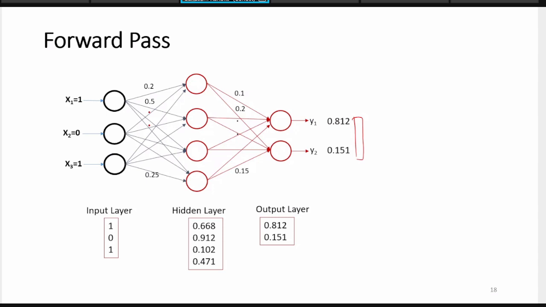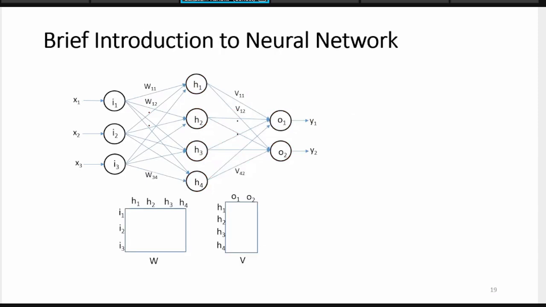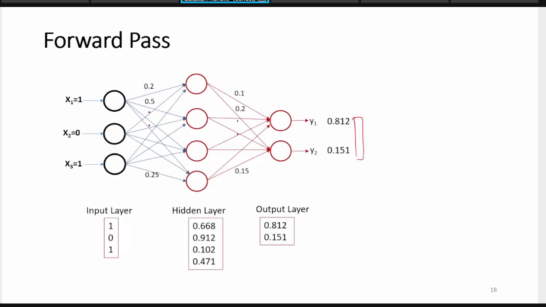If you are getting the output that you are expecting, that means the weights you have are appropriate. If you are not getting what you are expecting, that means the weights are not proper, and there is an error. This is what I want to see. Again, the whole computation that I have just done is a forward pass.